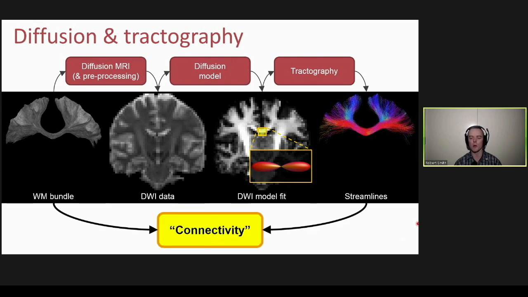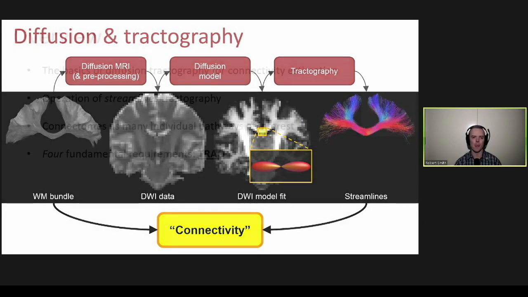And ultimately what we want to be doing is somehow utilizing this reconstruction to derive some measure of connectivity. And ideally this measure is going to tell us something useful about the actual underlying biology. But again, later on in the talk, I'll delve into more detail as to exactly what we want or can quantify in this aspect.